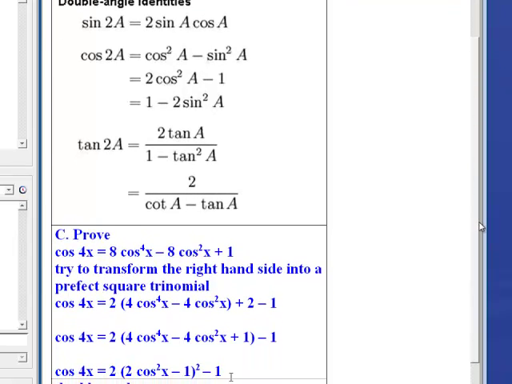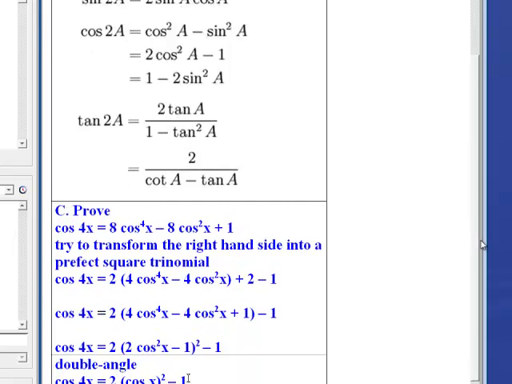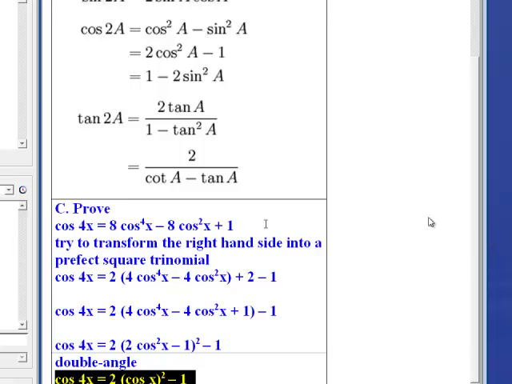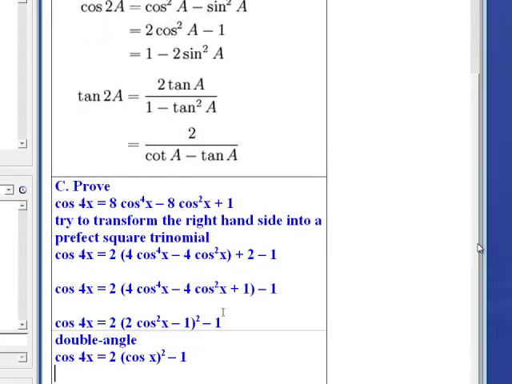Okay, how do we go on? Well, we're actually done. Notice that this one here is exactly another double angle identity for the cosine. In fact, it's the same one that we had.